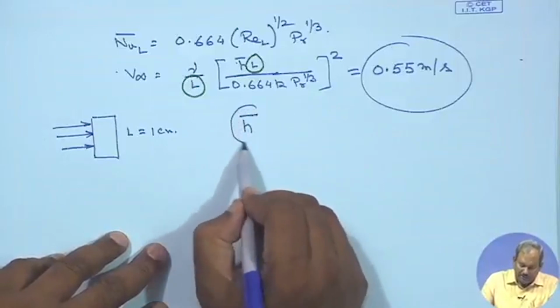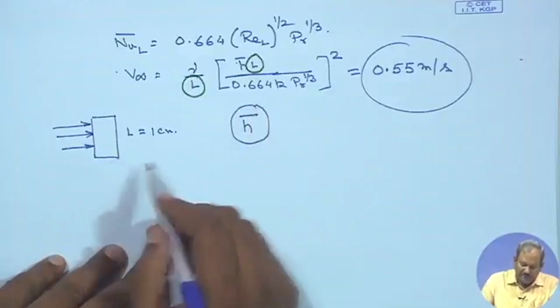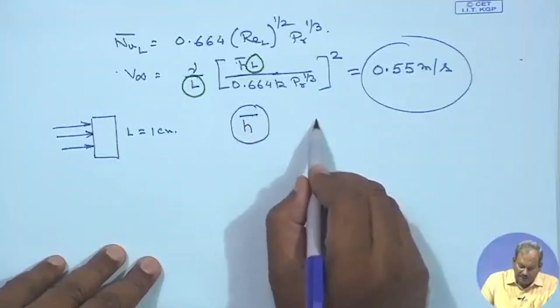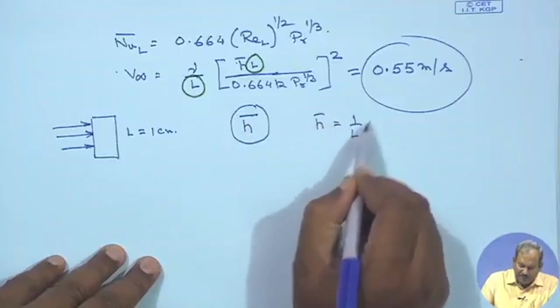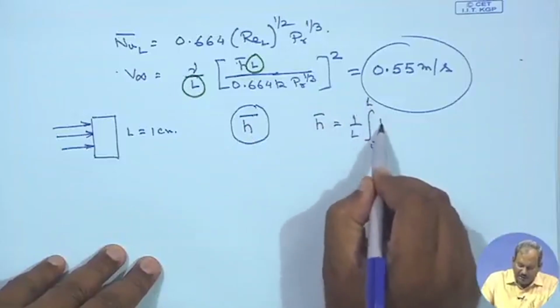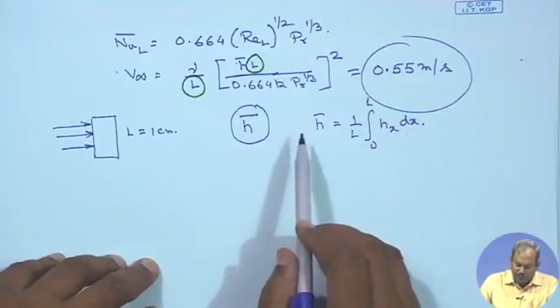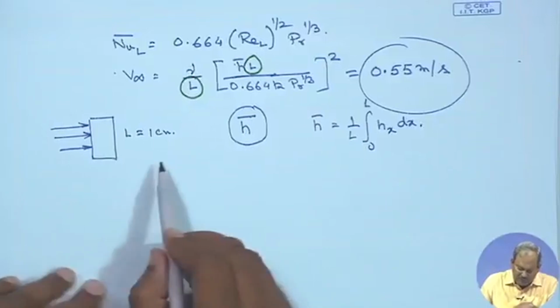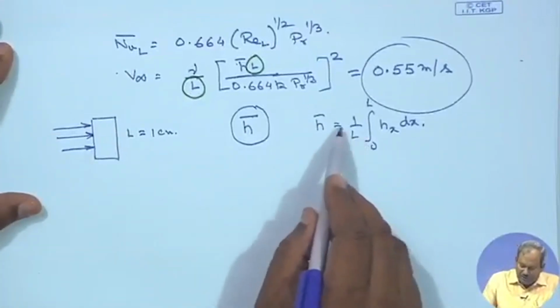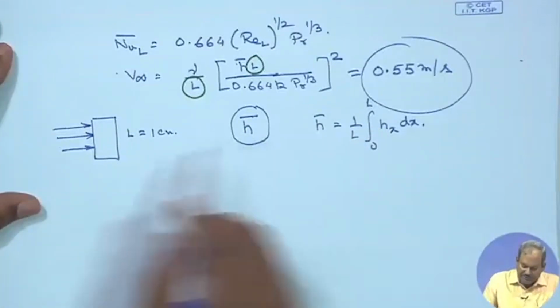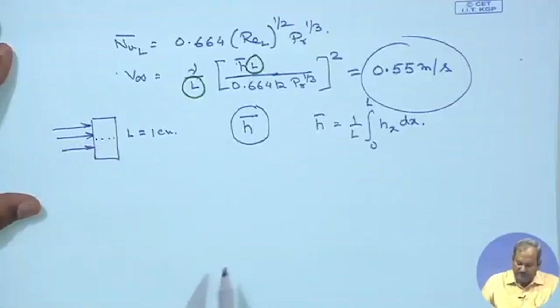Now, this value of h bar simply tells you that it is a length average h, since h bar is simply equal to 1 by L, integral from 0 to L of h, which is a function of x, times dx. So, on this material, your value of h(x) is going to be different at different points. Okay.